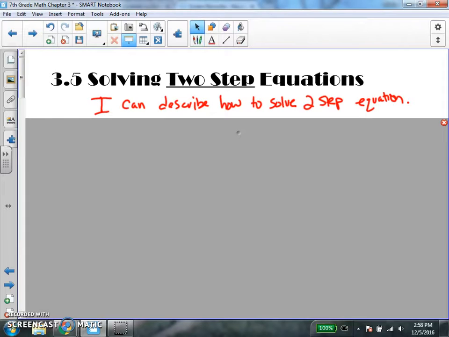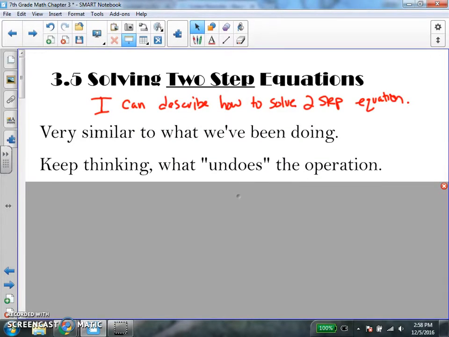Okay, write that maybe towards the top right-hand side of your skeleton notes. By the end of this section, that's what you want to be able to do. Describe to me how to solve these equations. If you can describe them, then at least you know the steps, and then the math will come, as long as you continue to practice.